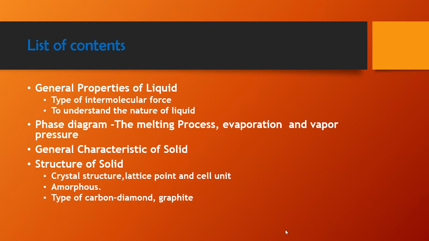Part of it you learned in Form 5. Then the general characteristics of solid, structure of solid, crystal structure, lattice point and unit cell, amorphous solids, and types of carbon: diamond, graphite, coal.